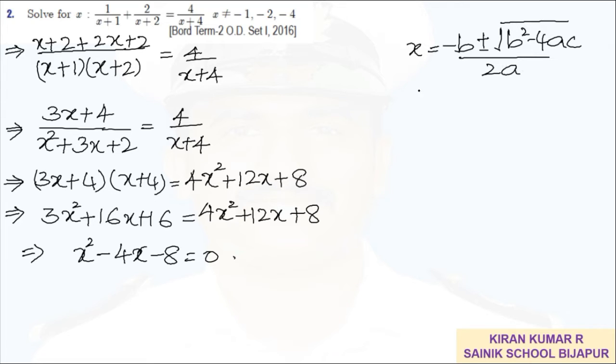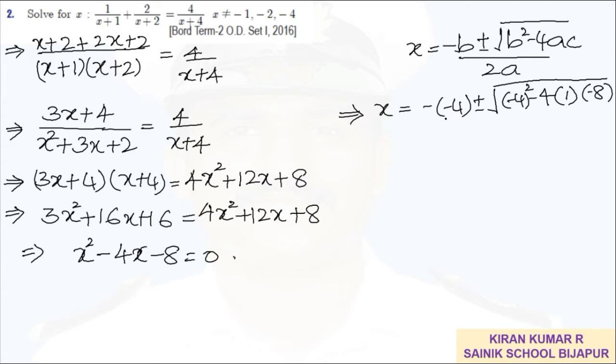Now let us substitute. We will be getting x as minus b, which is negative of -4, plus or minus root of -4 square minus 4 times a value is 1, c value is -8, divided by 2 times 1, because the a value is 1.